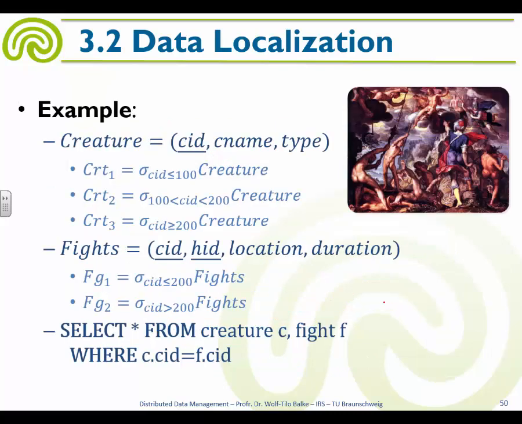But still, good heuristics anyway. Let's do an example for data localization. We have the creature table, we had that before, and we have these three splitting conditions. And we have the fights table in two places, those with CID smaller than 200 and those with bigger than 200. Now you see that we have different matches.